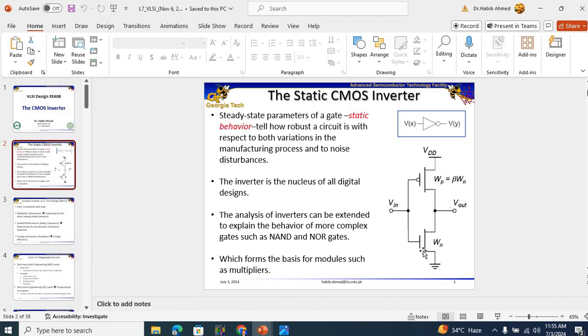Since this transistor is conducting, the output would be connected to ground. So if the input is high, the output is going to be low. Similarly, if the input is low, this PMOS is conducting and the NMOS is turned off. If the PMOS is conducting, the output would be connected to the supply voltage. So if the input is low, the output is going to be high.